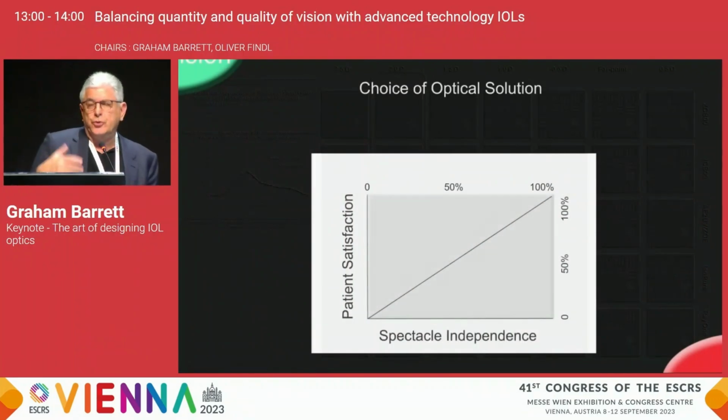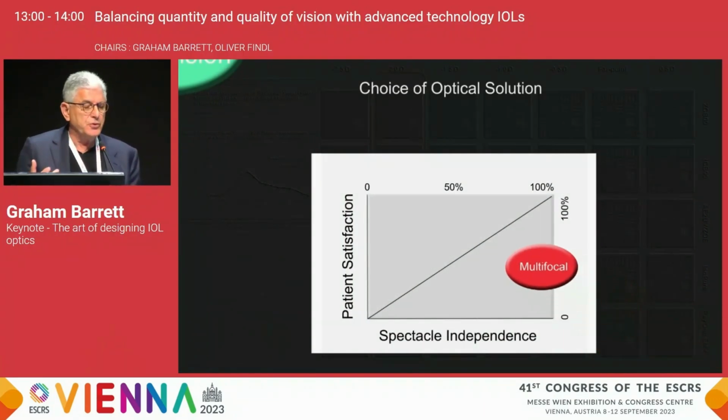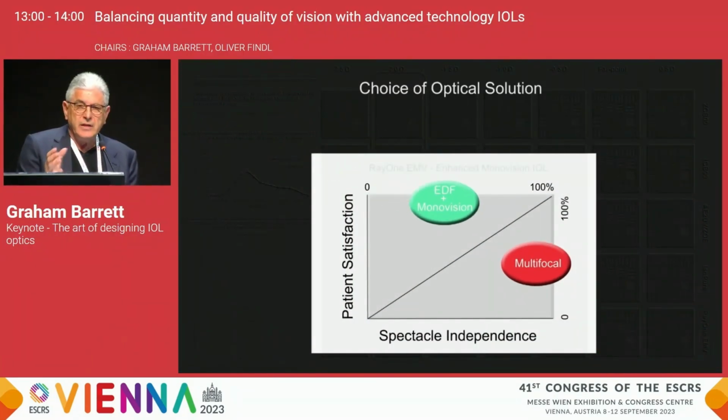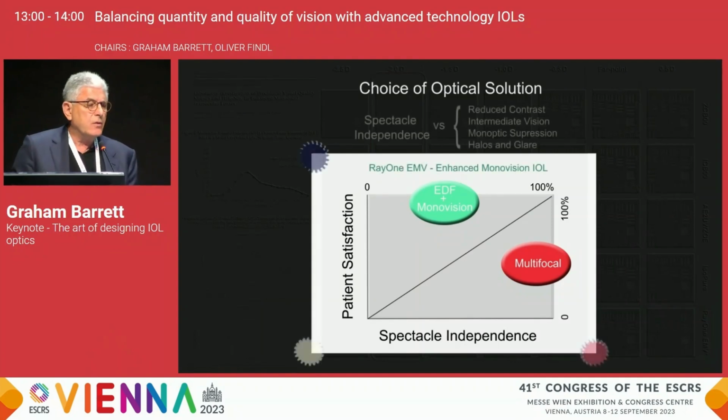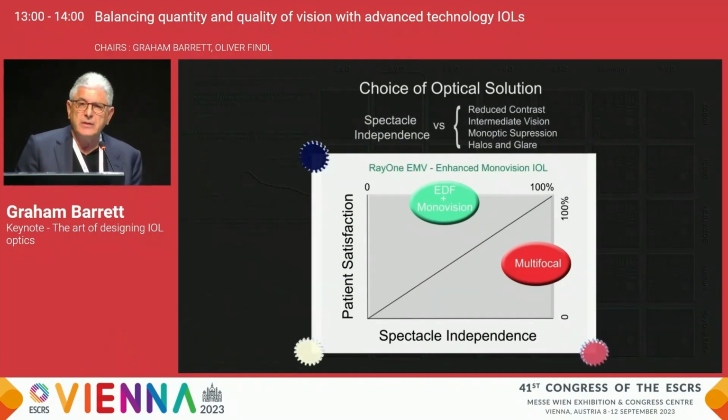So when you choose an optic and an optical solution, there's always a balance between quality of vision and spectacle independence. And I would suggest that total spectacle independence is not perhaps the ideal parameter to judge patient satisfaction. And this is the quandary that you may have a patient who's totally spectacle independent with a multifocal, but still not happy with the quality of his vision.